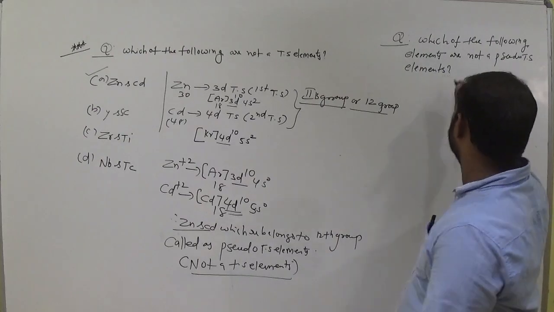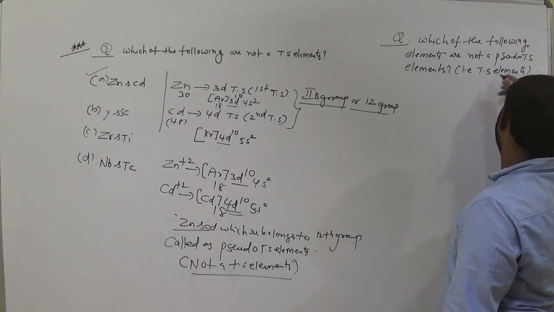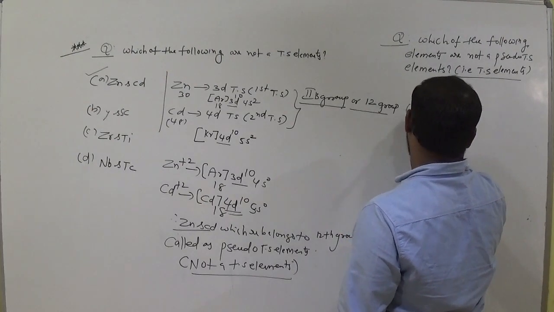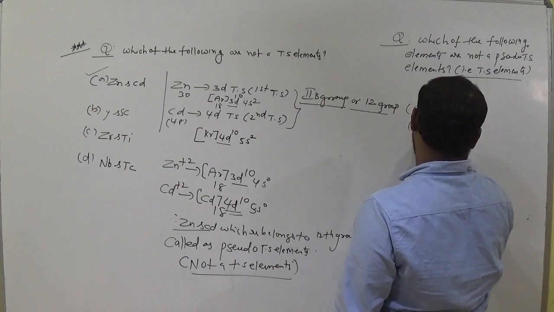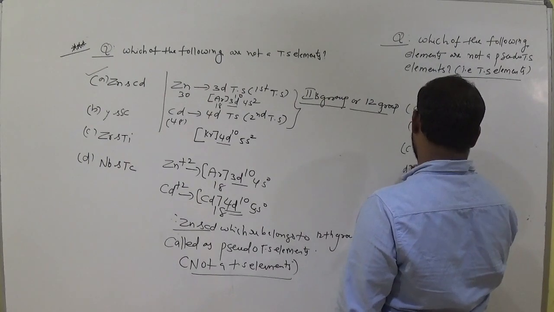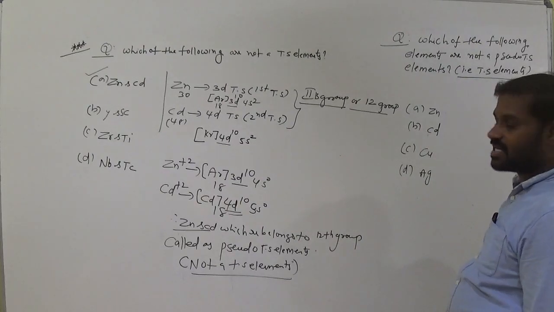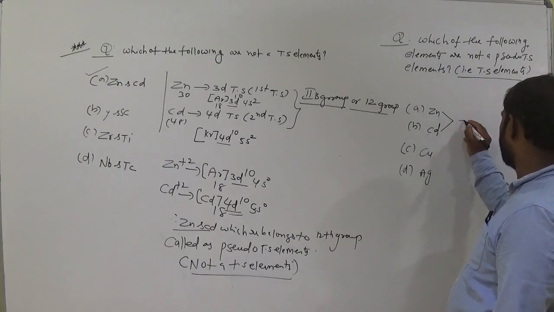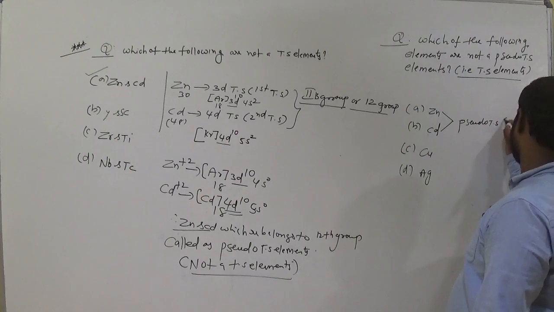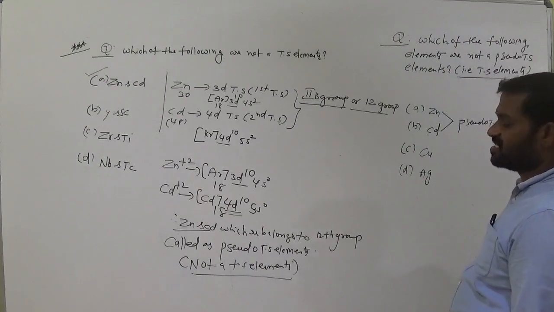That means transition elements, not pseudo transition elements. Option A zinc, option B cadmium, option C copper, option D silver. We just discussed zinc and cadmium. These two are pseudo transition, non-transition. So this is not the correct answer.